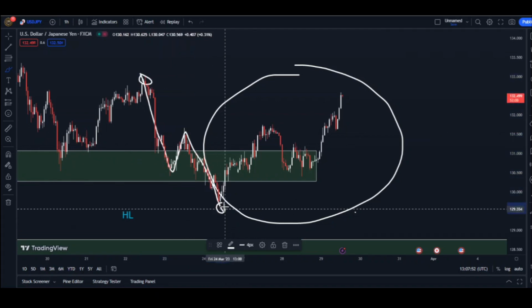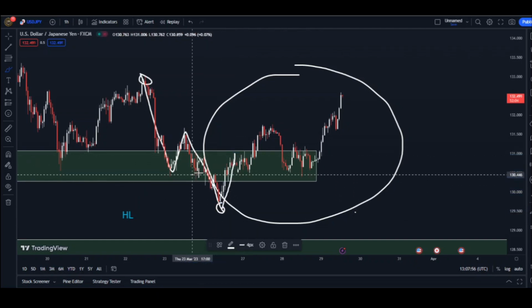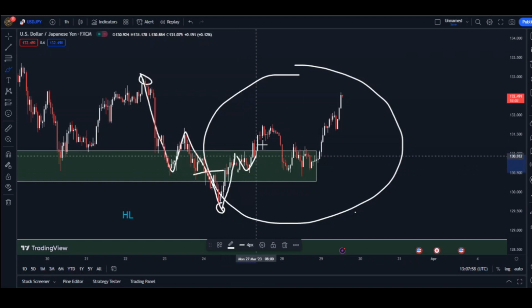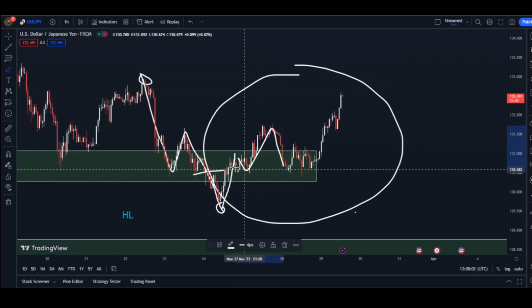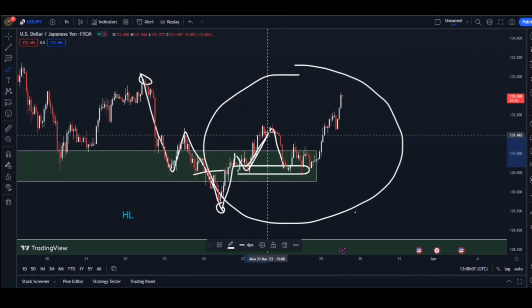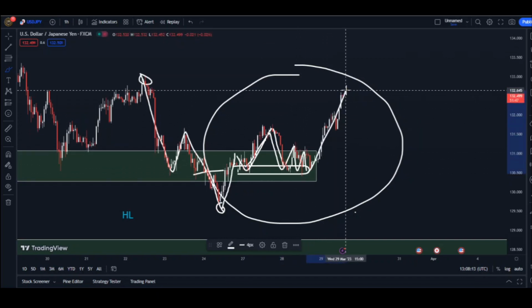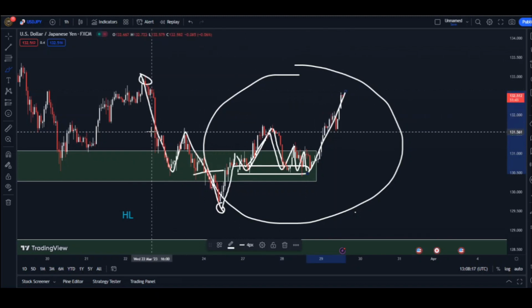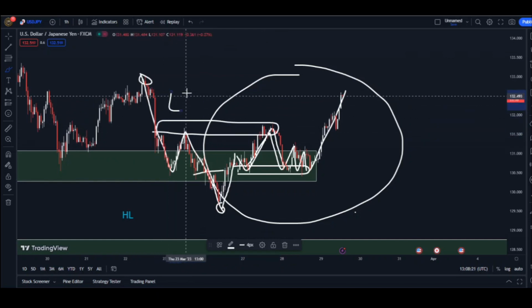Form a lower low and then a higher high, a new high, higher low, higher high, and then the same level, which means this is a strong support level. But this is still considered a higher low, although the market consolidated at this point. And then what did the market do? Form a new higher high, which means there's a break of structure from this level of lower high.